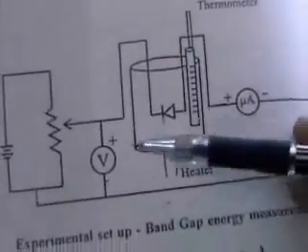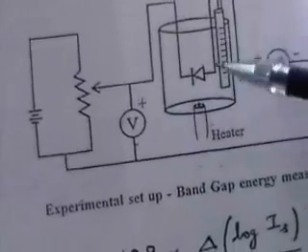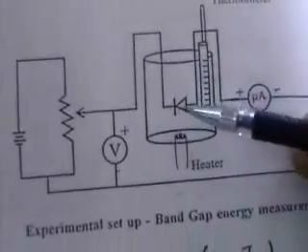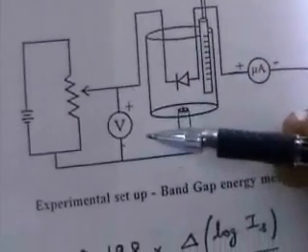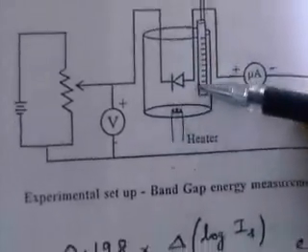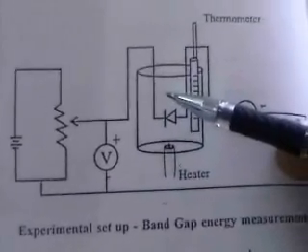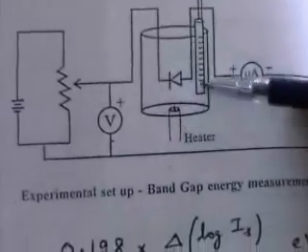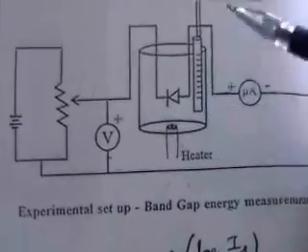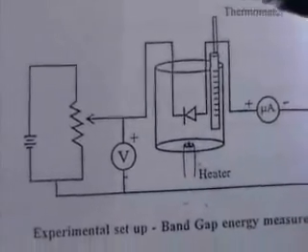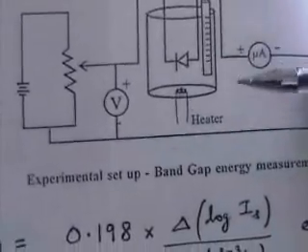We now set the voltage across the diode at this particular voltage and immerse the diode, which is reverse biased, inside a heater. I'll be showing you shortly where we are placing the heater in the actual instrument.